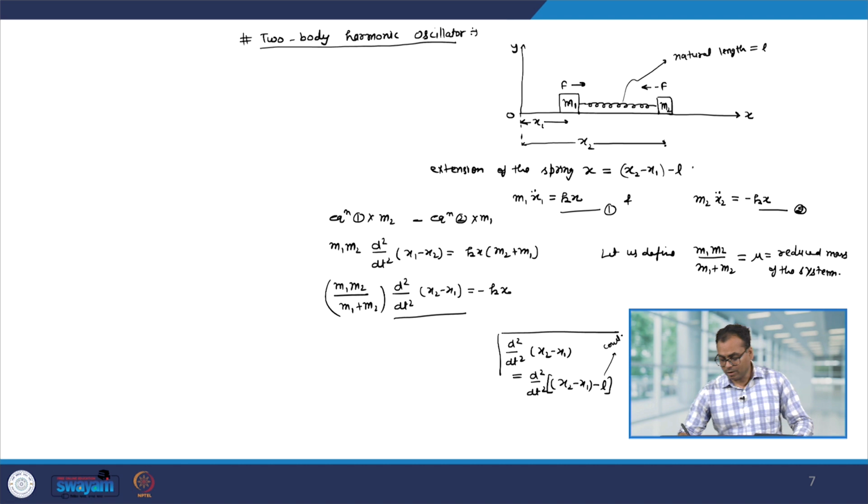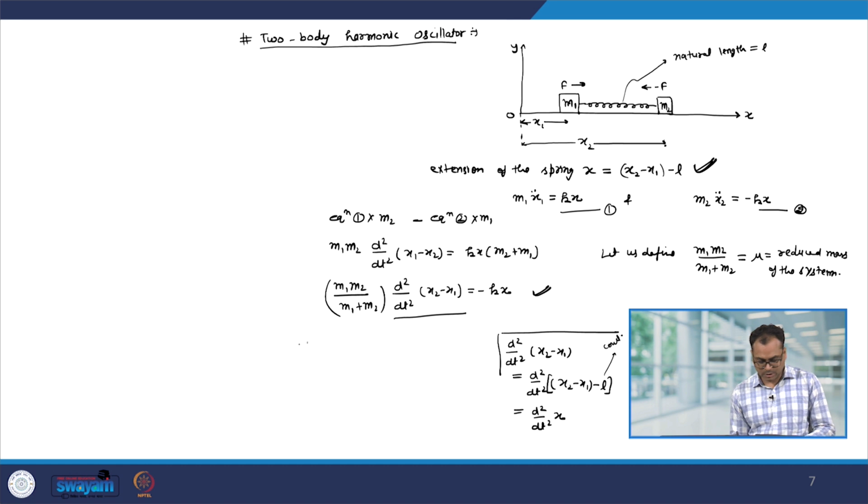Okay. And from here this is nothing but x. So, therefore, it can be written as d2 over dt square of x. So, therefore, the above equation becomes mu times d2x over dt square equal to minus kx.